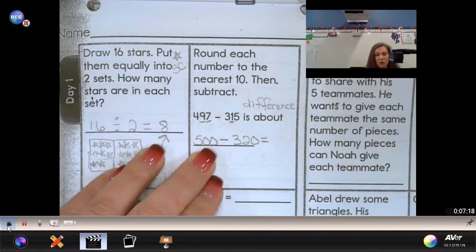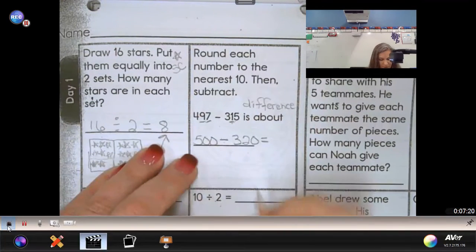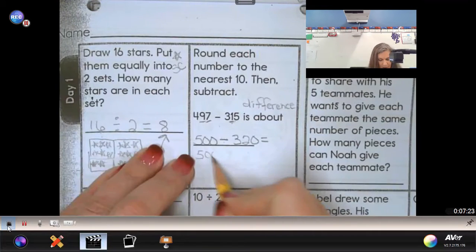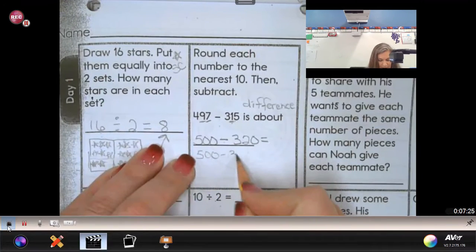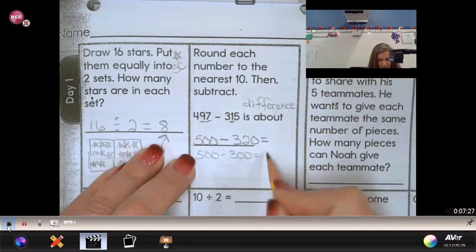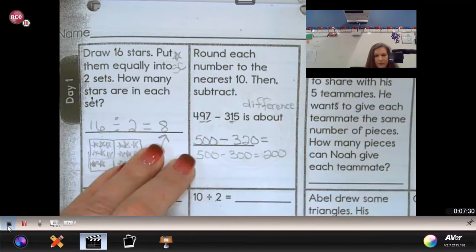Now, we can subtract. So subtract 500, and I'm just going to subtract off 300, and that leaves me with 200.